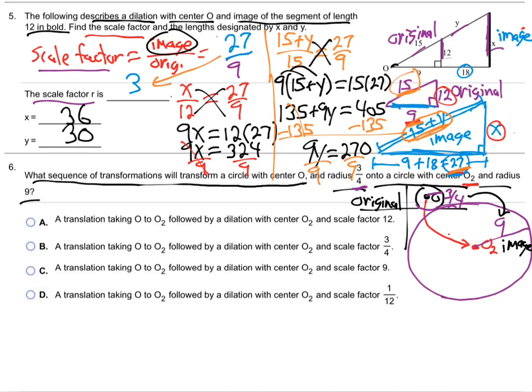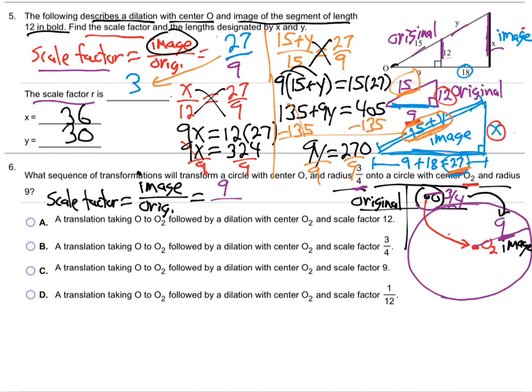So remember, scale factor is always equal to the image over the original. So the image has a radius of 9 here, right? 9. And the original is 3/4, is its radius. So the image 9 over the 3/4.